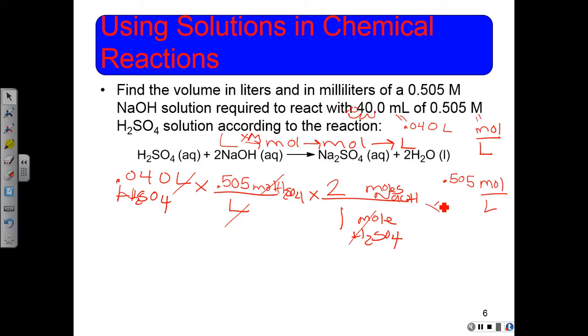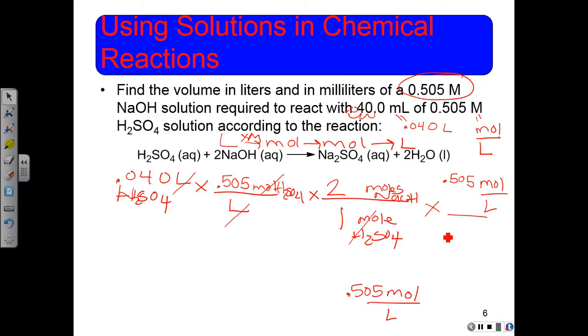Any guesses on what our last step will be? Very good. That's our other piece of information that we're given, and that we've got to use. We can write that out as 0.505 moles per liter. This last step is just like the previous problem. We flipped it over so that our moles will be in the denominator.